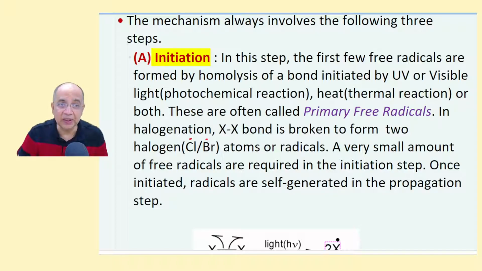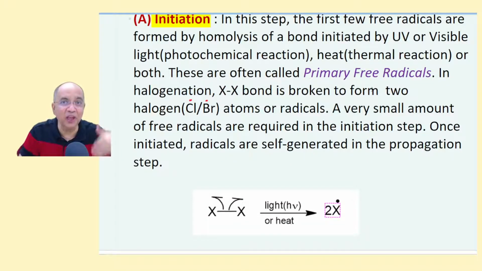Now, in this step, homolysis of a bond of a particular reactant or a particular catalyst, what we call an initiator, occurs due to the application of light, UV or visible light, or heat, or both, to produce free radicals. These are sometimes called primary free radicals because they will enter into the propagation steps.